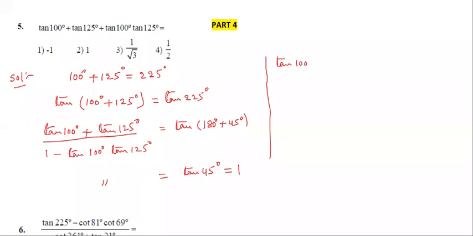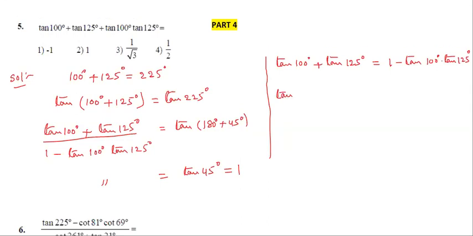Now, the left hand side denominator goes to the right hand side. Tan 100 degrees plus tan 125 degrees is equal to 1 minus tan 100 into tan 125. By observing the question, then calculate.